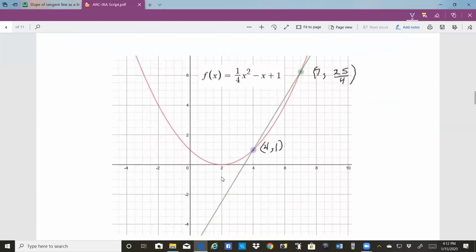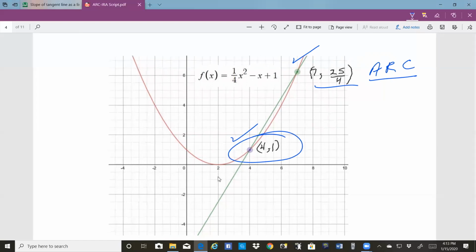Now, the first thing we're going to do, though, is talk about the average rate of change, the ARC, I call it. And now we're going to look at the point (4, 1), and we're going to look at the point (7, 25/4). In other words, we're going to look at these 2 points and calculate the average rate of change. And I'm going to try to do it just right here on the side.